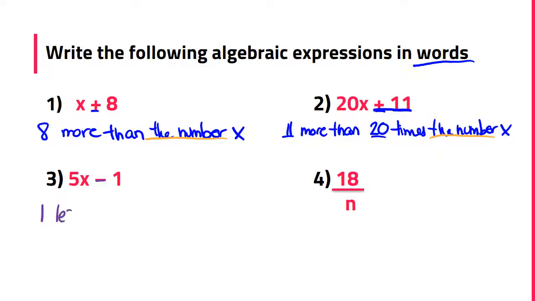So I'm going to say 1 less than 5 times the number x. So 1 less than 5 times the number x. So again, we've got that number phrase before our variable.